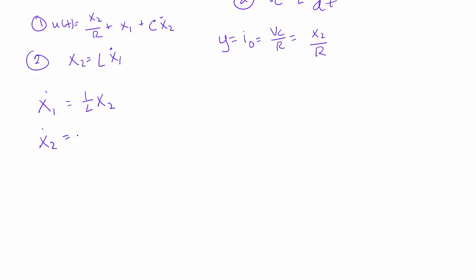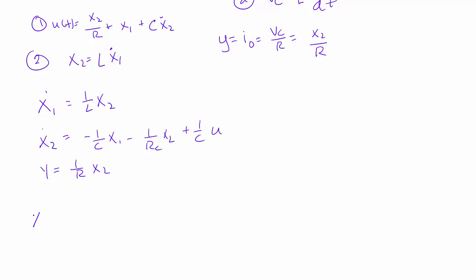And then solving for x2 dot is equal to negative 1 over C x1 minus 1 over RC x2 plus 1 over C u. And we already had that y is equal to 1 over R x2.